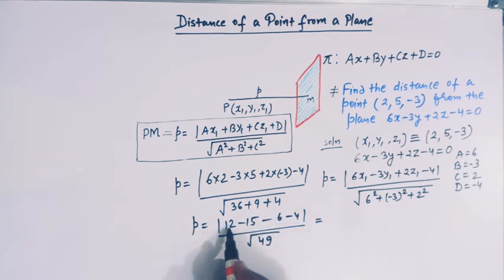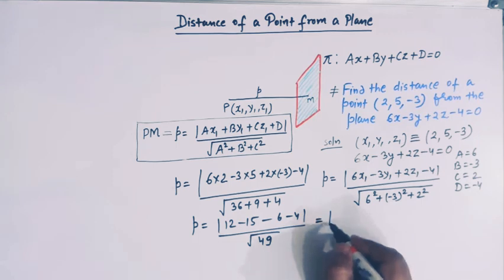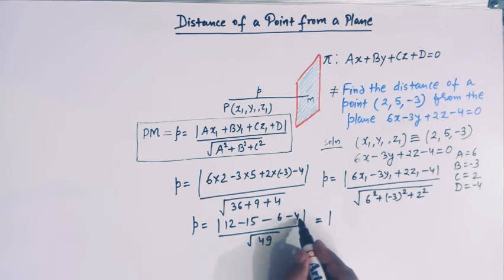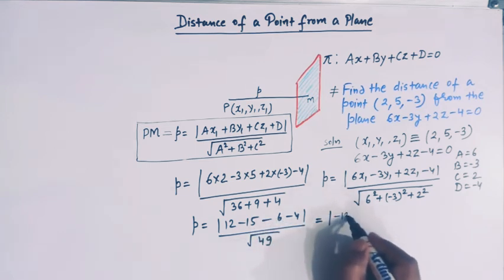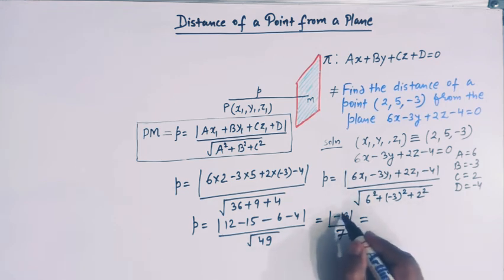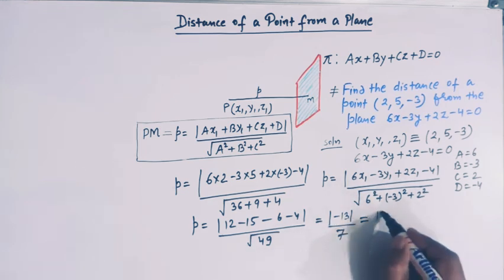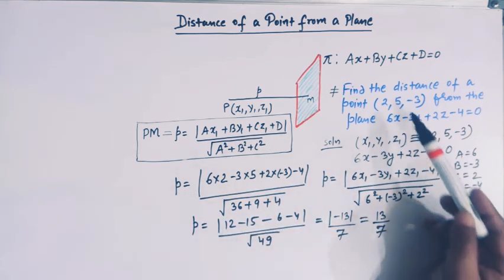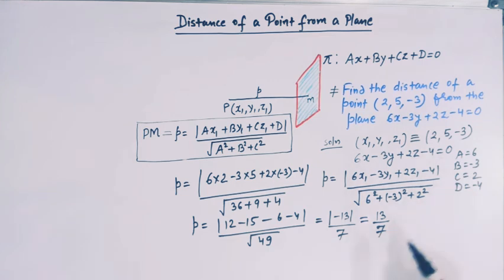So this is absolute value of 12 minus 15 is minus 3. So minus 3 minus 6 and minus 4 is minus 13 divided by 7, and the absolute value gives us the positive value here. So we have simply 13 divided by 7, right? So the distance of this point from this plane is 13 over 7.